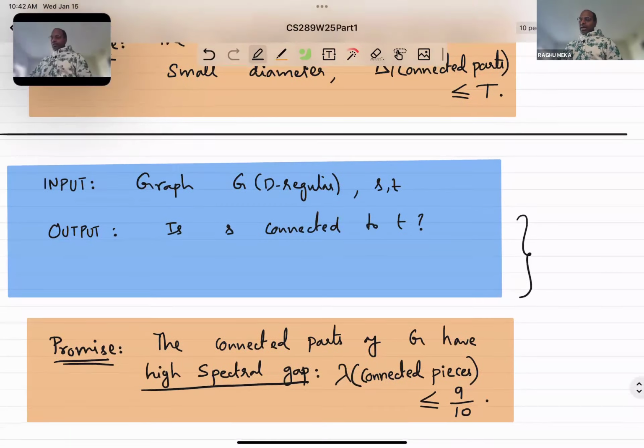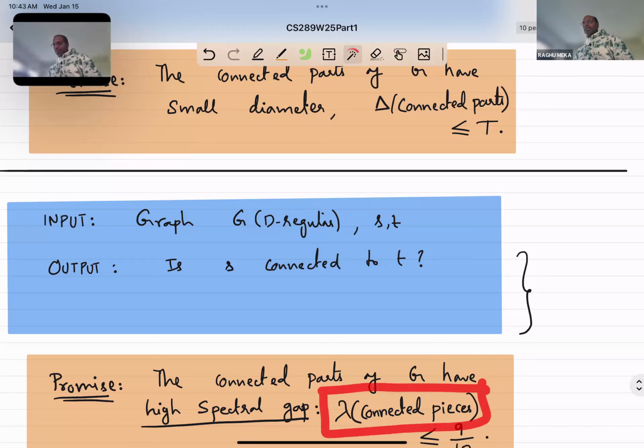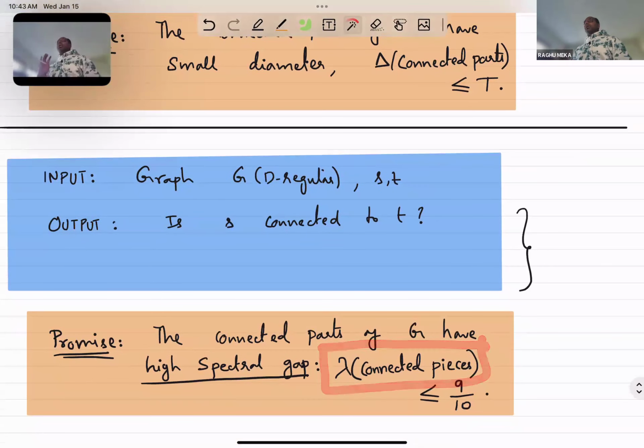I'm replacing the condition on the diameter of the connected parts. Instead of requiring that, you have a graph G, I'm trying to solve ST connectivity on it. We are going to require that the connected pieces themselves have high spectral gap, meaning the second largest eigenvalue of every connected piece is at most 9/10.